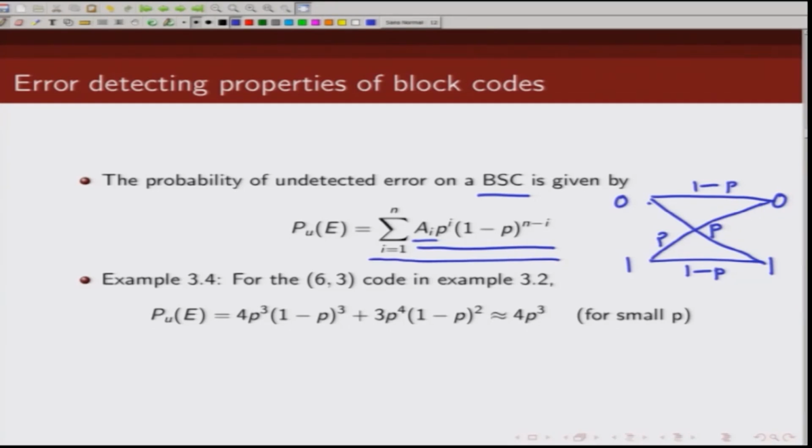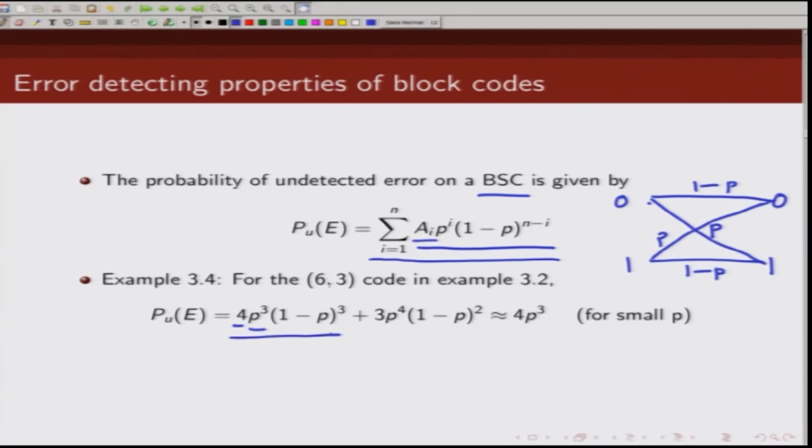So, for the example that I have considered, I know the weight distribution. If I plug that in here, there were 4 code words with weight 3. So, this is 4 p raised to power 3, and n is 6, so n minus I, which is 3 in this case, is 3. So, that is the first term.